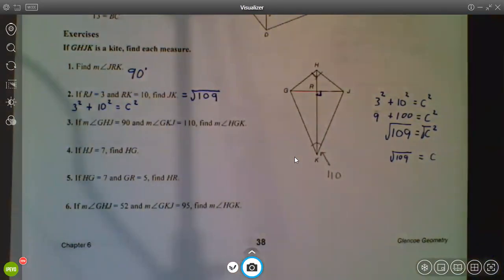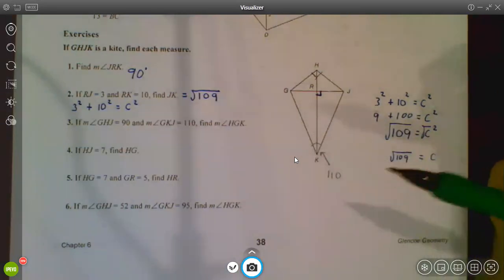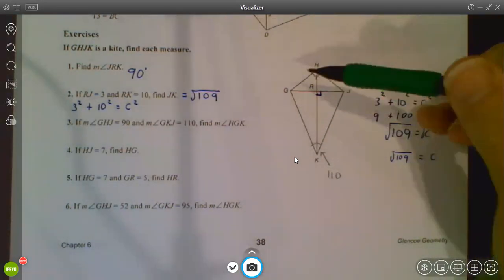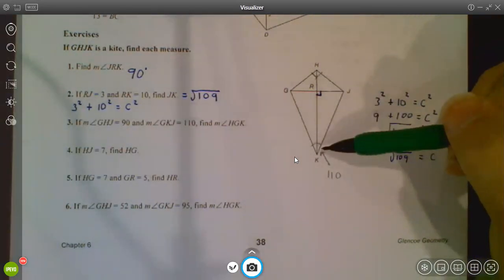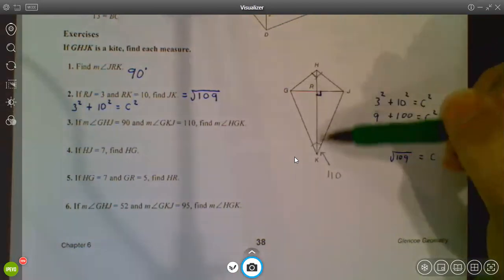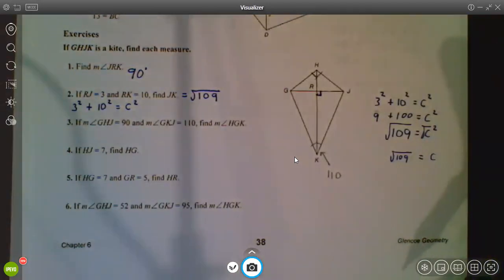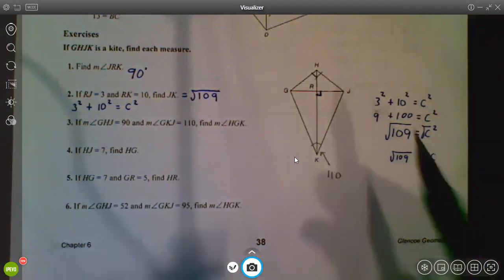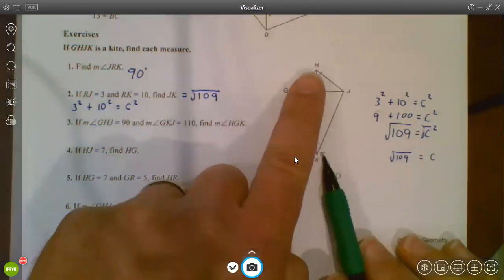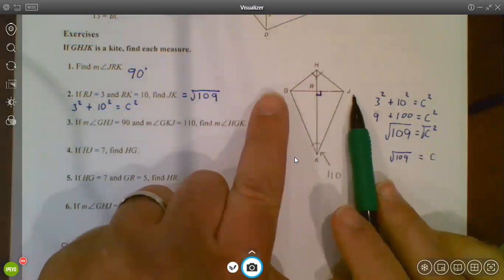Guys, there are 2 rules at play here, so I really want you to pay attention to this one. The main rule when it comes to kites is remember what we set up above. You're going to get one set of angles that are not the same. He's 90, he's 110. And then you're going to get one pair of angles that are the same. Since those are not the same, that means these guys are the same.